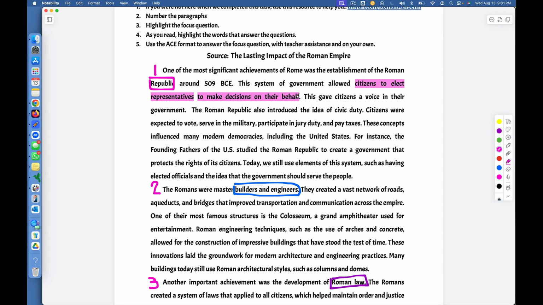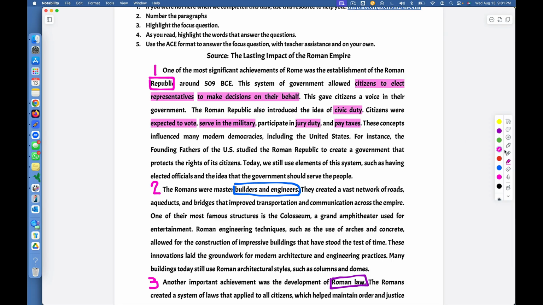The Roman Republic also introduced the idea of civic duty, where citizens were expected to vote, serve in the military, and participate in jury duty, and of course pay taxes. These concepts influence many modern democracies, including the United States.